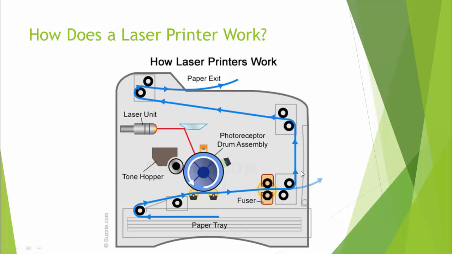And then the paper moves through and exits out of the printer. Now this is why, if you've ever noticed that the paper is warm that comes out of the printer, this is because the fuser uses heat to seal down the toner.